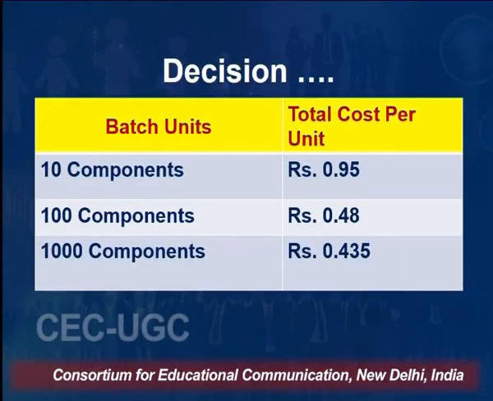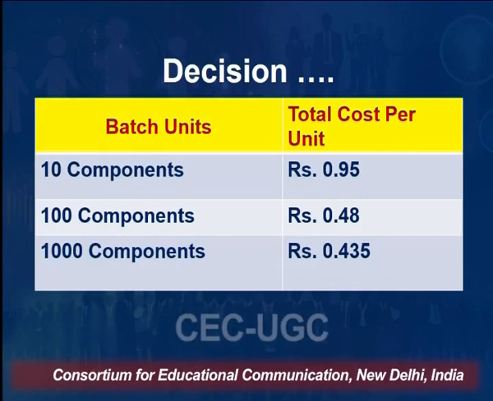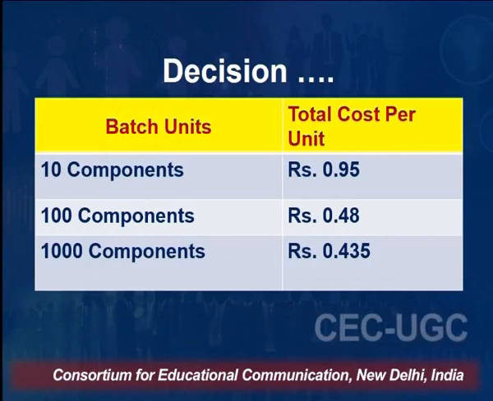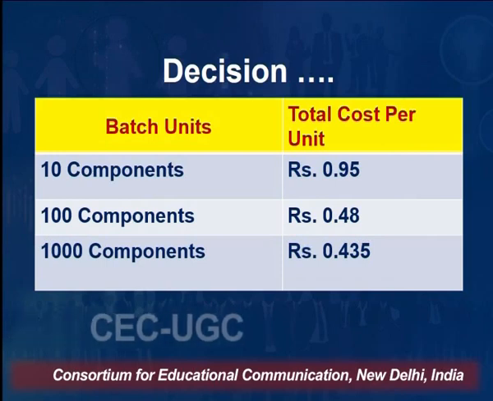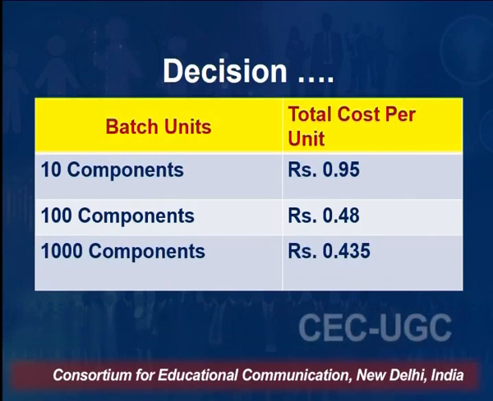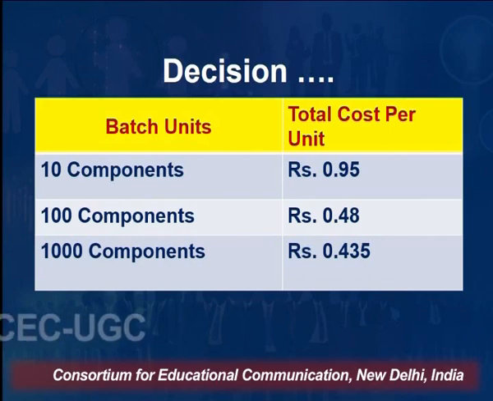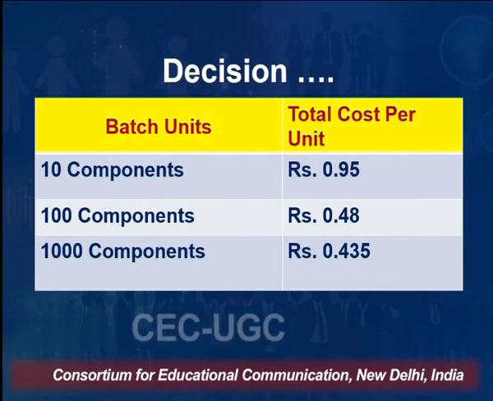So let us have a comparative view of batch units. When you manufacture in a batch of 10 components, the cost is 95 paisa. When you are changing the size from 10 to 100, it becomes 48, and when it becomes 1000 components, the cost comes to be 43 paisa or roughly 44 paisa. So if you ask me what is your decision, needless to say that you will go ahead with the third situation.